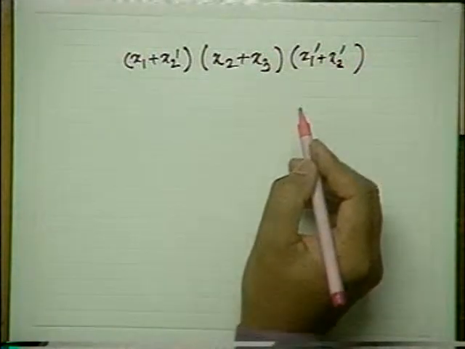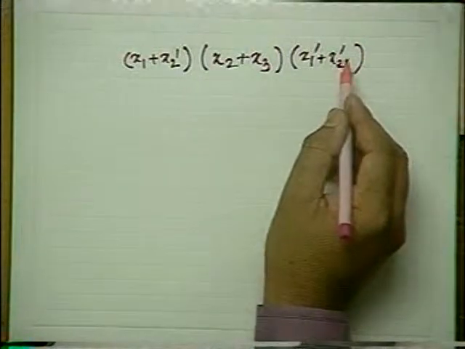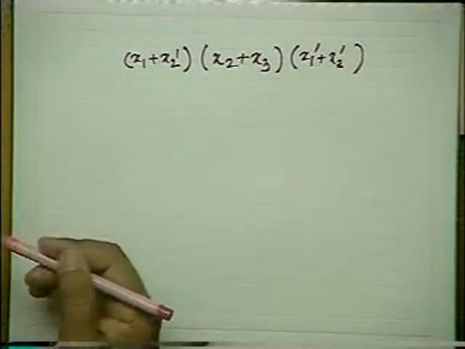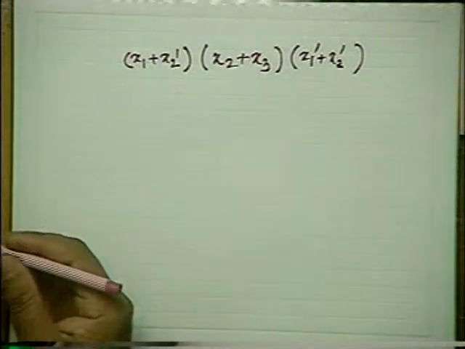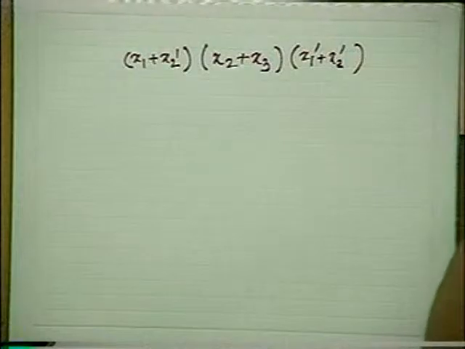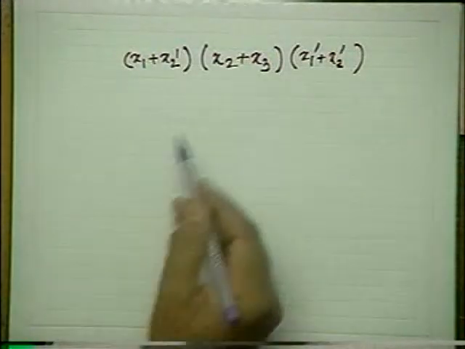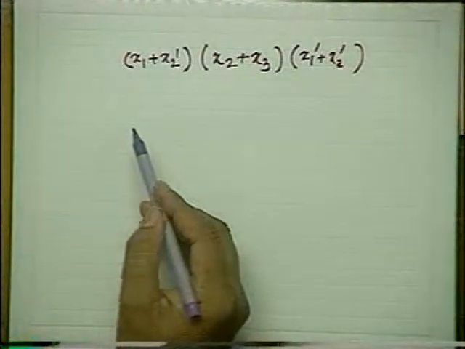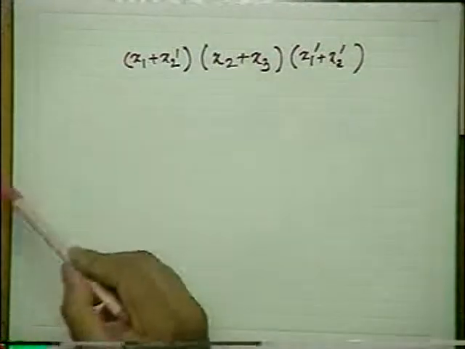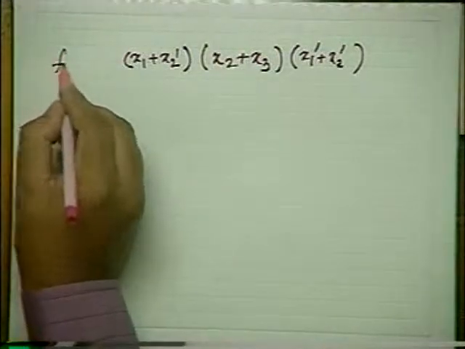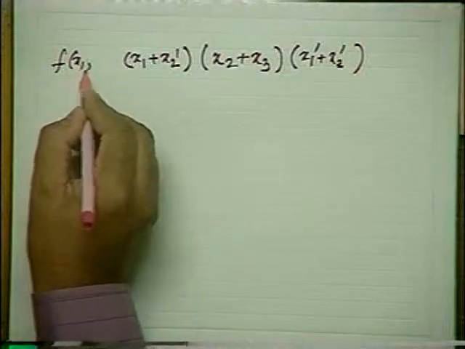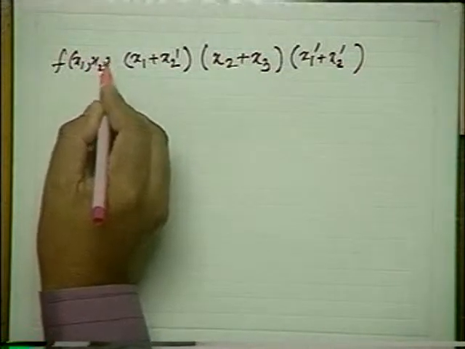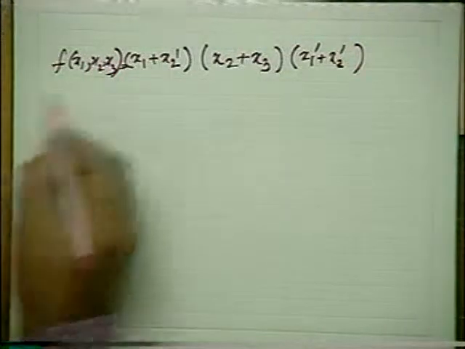A function like this I have taken, and you can see the corresponding realization. Let the function be once more f of x1, x2, x3, that means a function of 3 variables.